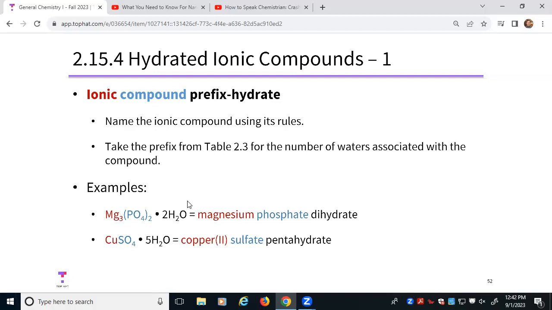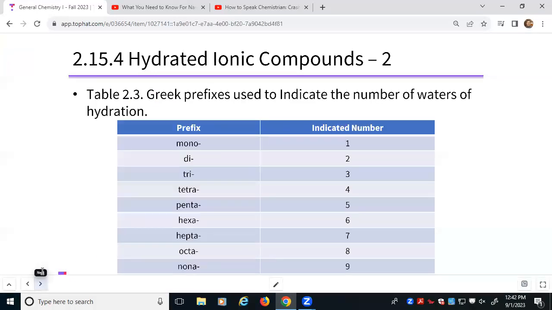Now, you're going to see these prefixes again when we talk about covalent compounds. These prefixes are your geometric prefixes, the things that you use to name two-dimensional shapes: decagon, octagon, hexagon, pentagon.